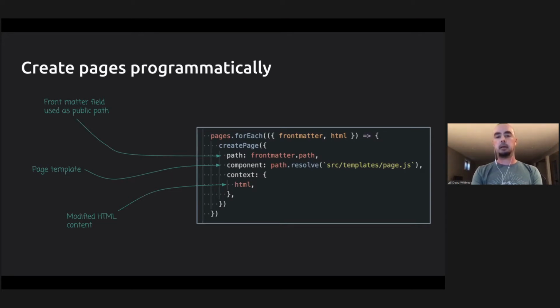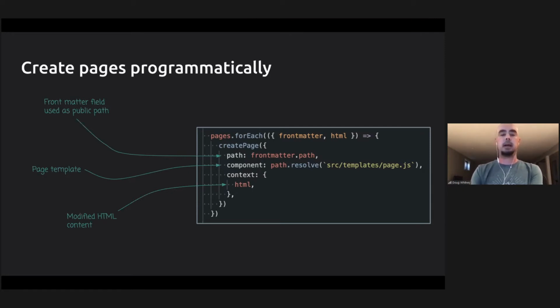And then the component is the page template that is being used to display these. In my case, I was able to use one template for all of the files, which definitely simplified things.